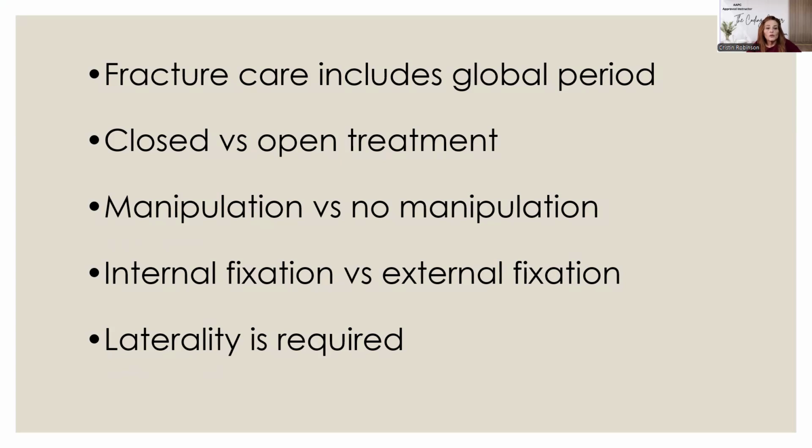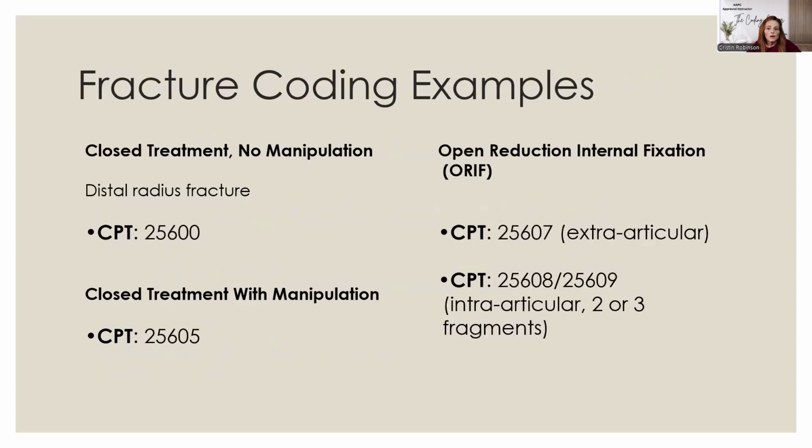You have closed versus open treatment, manipulation versus no manipulation, internal fixation versus external fixation, and laterality is required. Documentation requirements say the fracture type, displacement, manipulation, and fixation method should be documented.